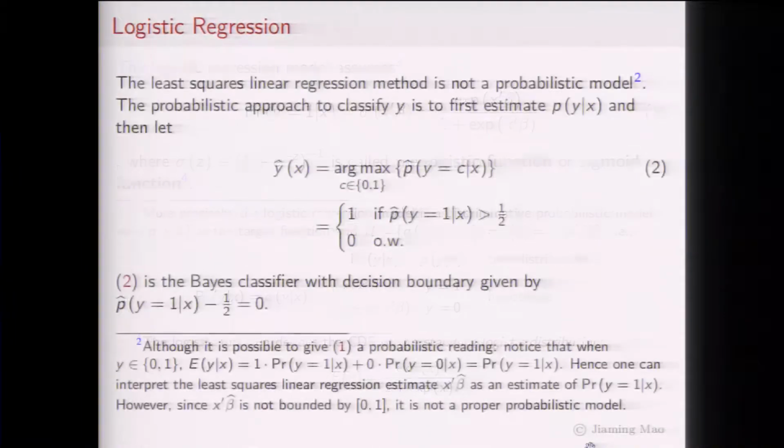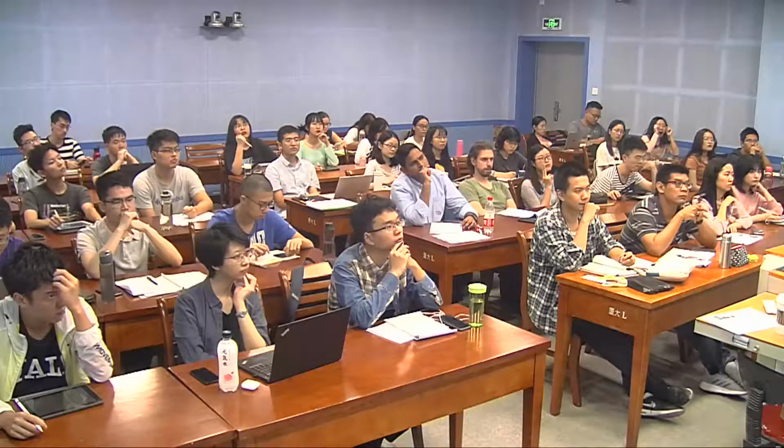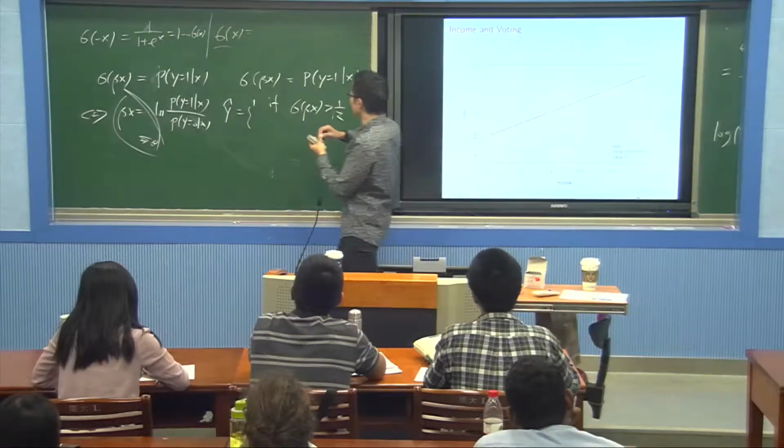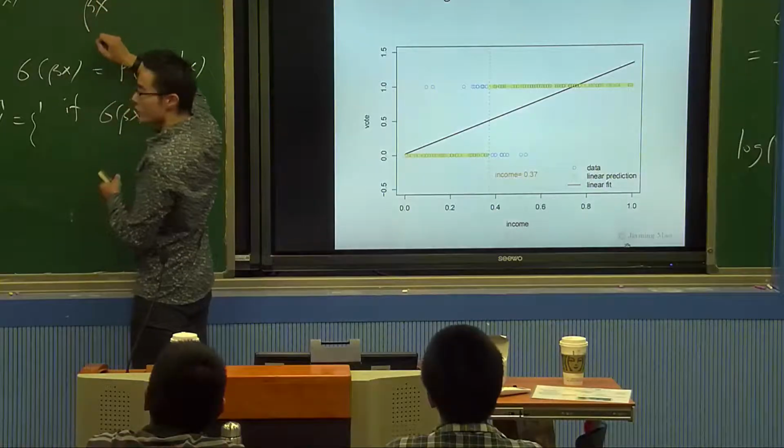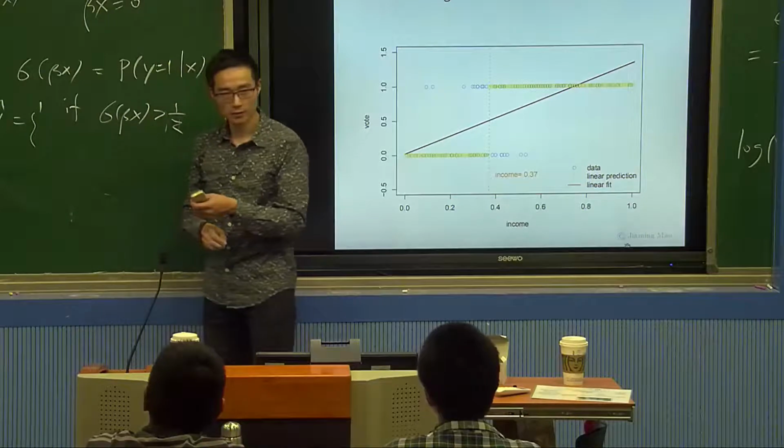If we look at a linear model, it's also a straight line, because the decision boundary for linear regression and the decision boundary for logistic regression are both something like this. For logistic regression, the decision boundary is beta x equal to 0.